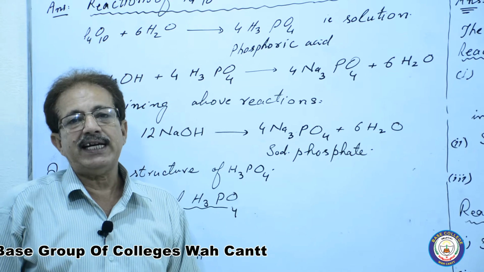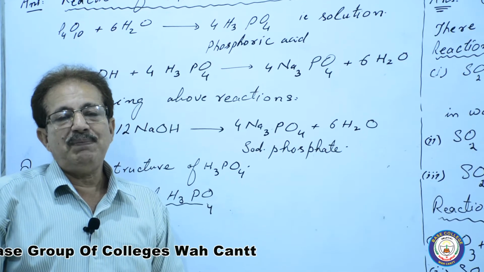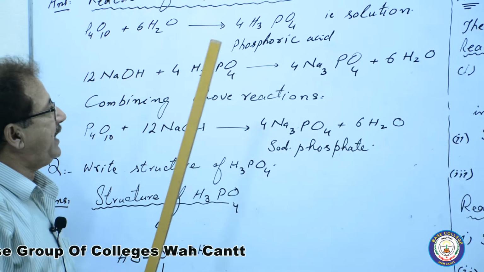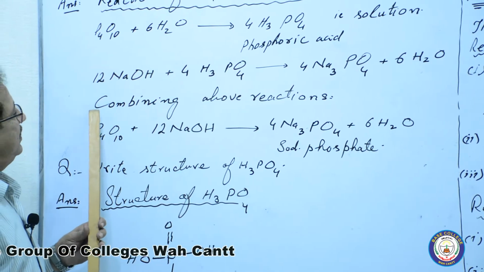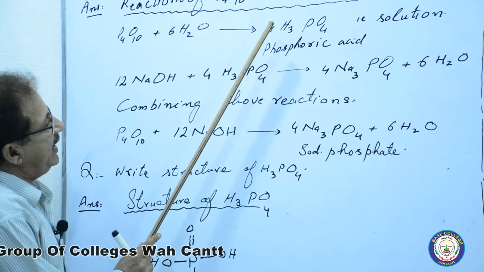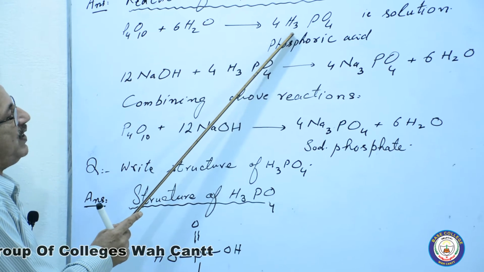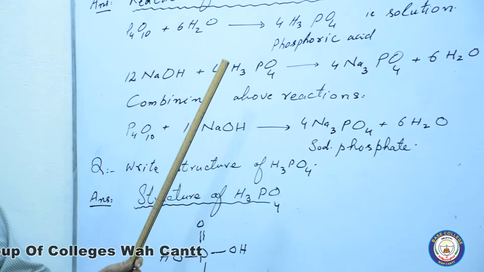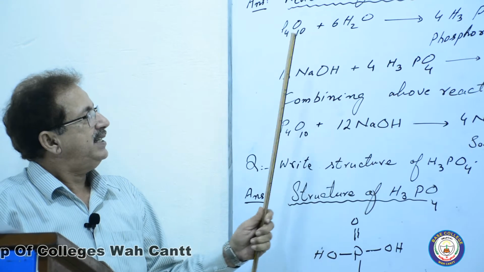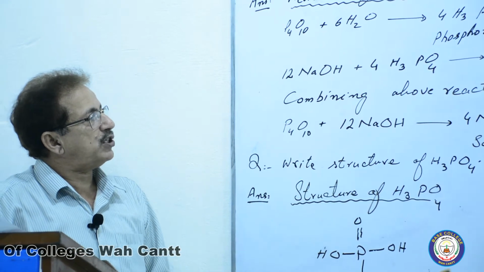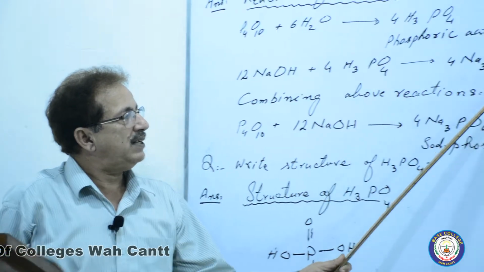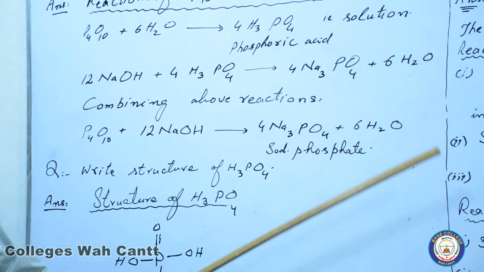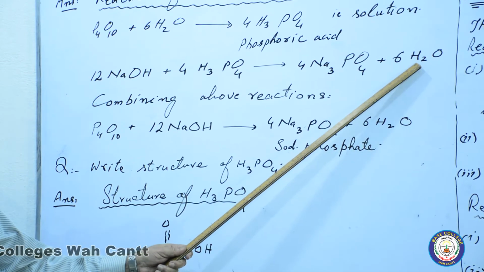Then the further reactions are based on the phosphoric acid. That's why we first make phosphoric acid, and then this phosphoric acid reacts with sodium hydroxide to produce sodium phosphate along with 6 molecules of water.